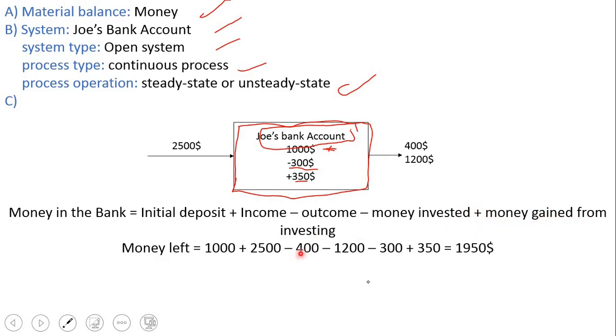So if we do the sum of it, the money left will be $1,950.